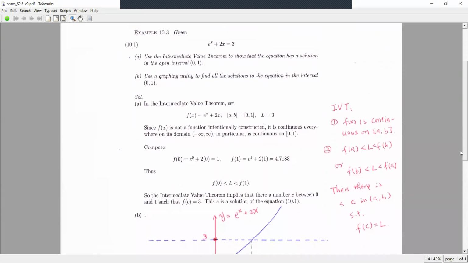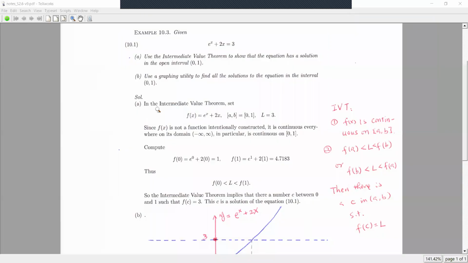If these two conditions are satisfied, then we have this conclusion. Between A and B, there is a point C where the function value is equal to L.